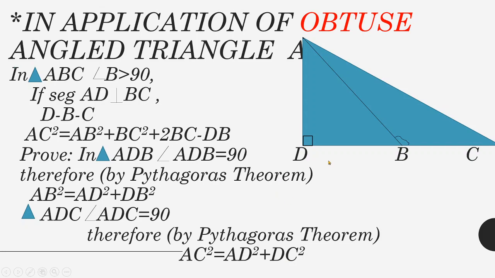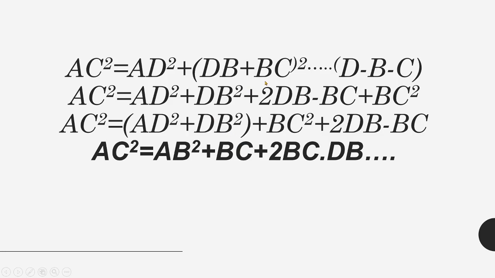But the whole DC is equal to BD plus BC. So we put DC as DB plus BC.